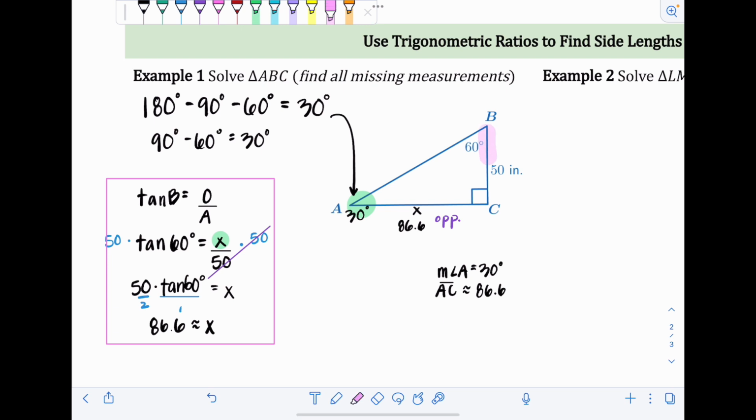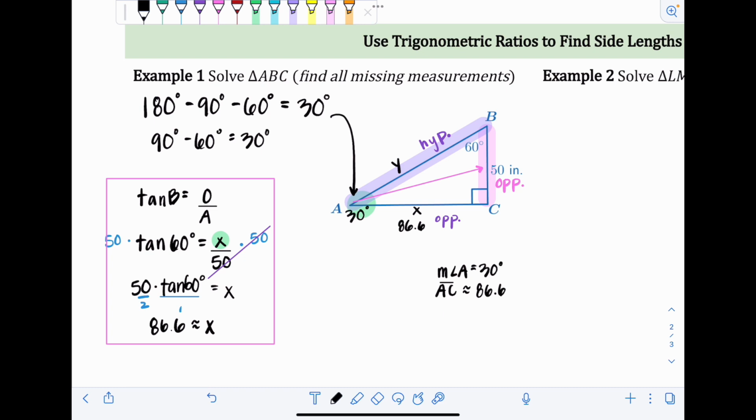I'm going to use the 50 just because that's exact and a much easier number to work with than 86.6. And then I want to know the hypotenuse. So now that I've changed my angle to the 30-degree angle, the 50 is the opposite side, and I want to know the hypotenuse. It's an unknown. I'm just going to call it y as my variable.